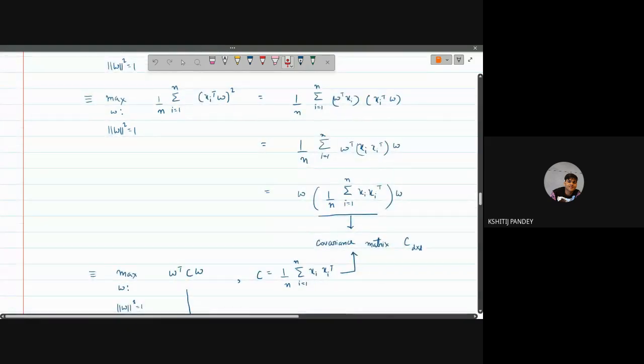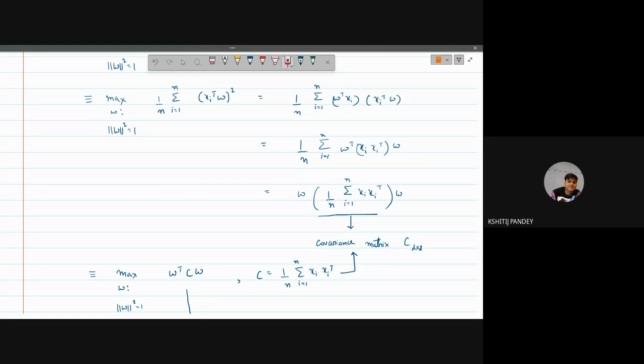Now a little manipulation here. This is square, so we'll simply write it this way, multiply it. Just a little bit of simplification. And now note one important thing: first of all we have to bring this inside.